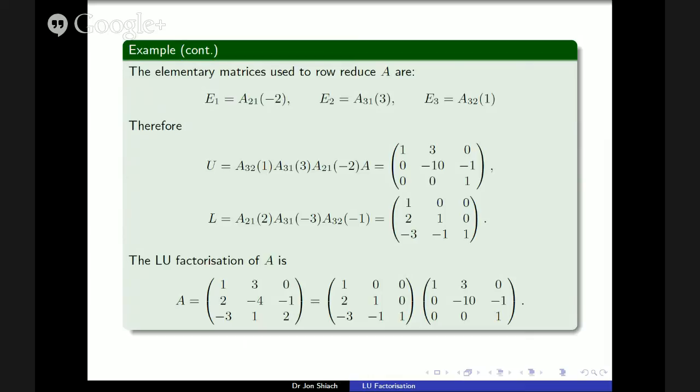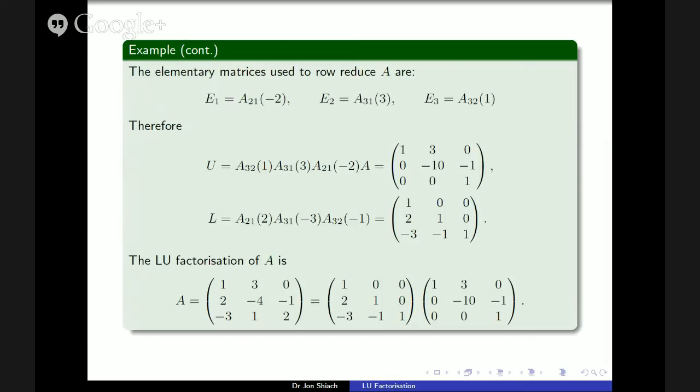That's the inverse of what I applied to A. So U is my upper triangular, L is my lower triangular, and that's the LU factorization.